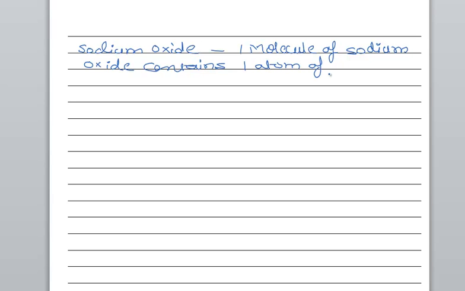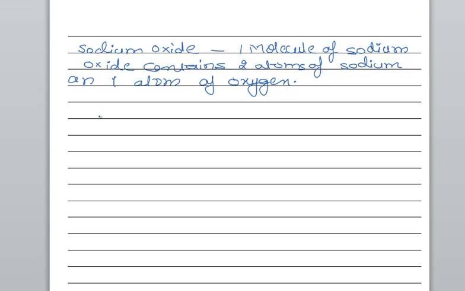See, if I have to write the formula of sodium oxide, and it's given that 1 molecule of sodium oxide contains 2 atoms of sodium and 1 atom of oxygen.